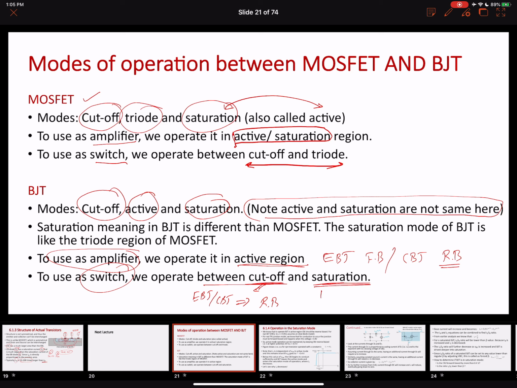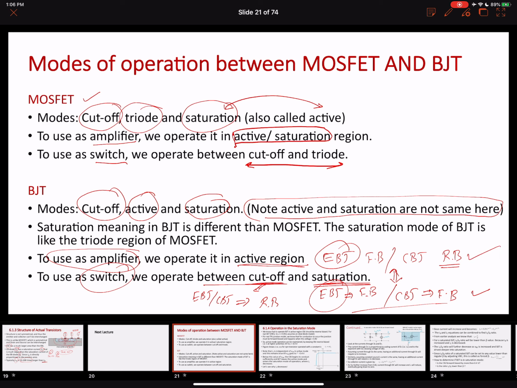For saturation, the emitter base junction needs to be forward biased and the collector base junction should also be forward biased. This is the difference between saturation and the active region. The emitter base junction should be forward biased in both regions. However, when the collector base junction is forward biased, it is operated in the saturation region. When it is reverse biased, it enters the active region.